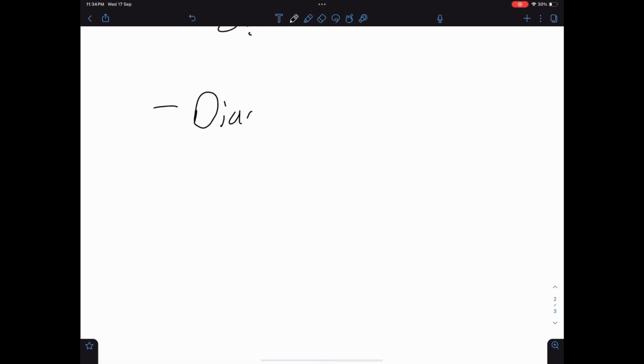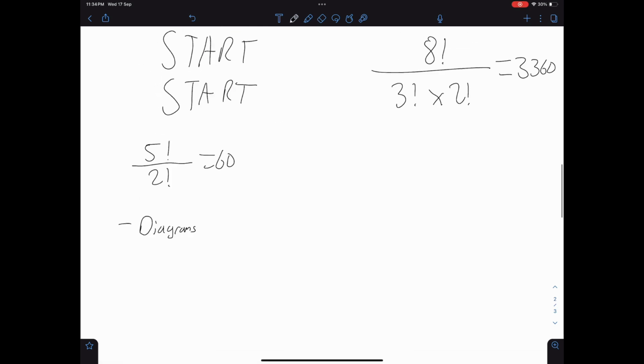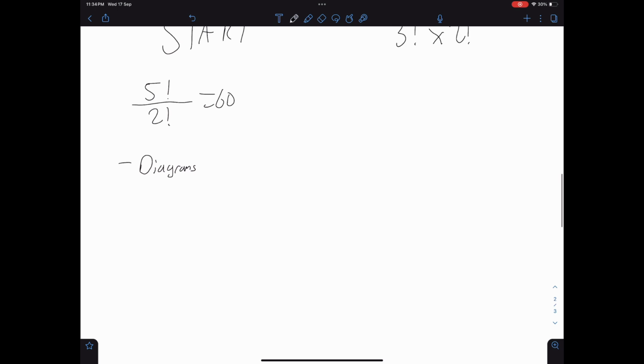Diagrams. Like, say it wanted the R and N together, I would be doing something like this to see if I can visualize a way of solving it. Sometimes splitting into cases is very helpful. Especially when there are repeats involved and you have to be very careful about overcounting.